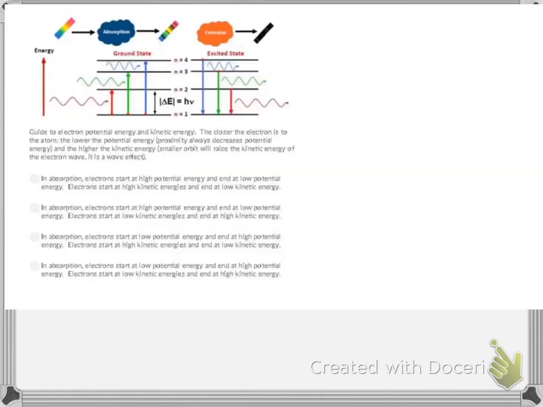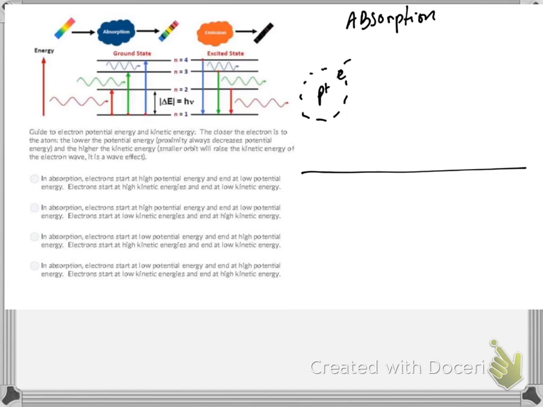All right, and we talked about this question in class. So here we want to assign changes in potential energy and kinetic energy for absorption and for emission. For absorption, the story is that we have an electron that's close to the nucleus. It absorbs a photon and goes to an outer orbit, farther away from the nucleus.